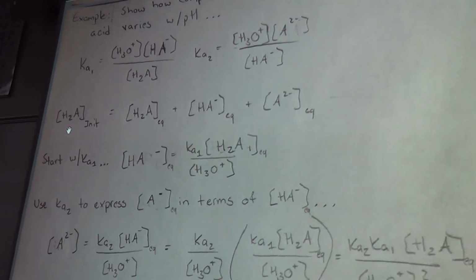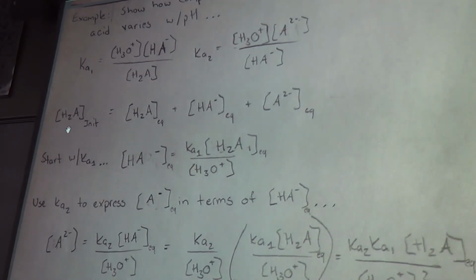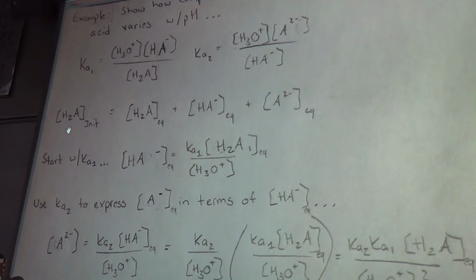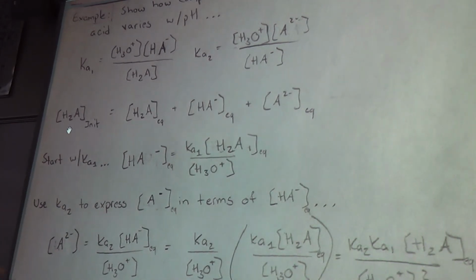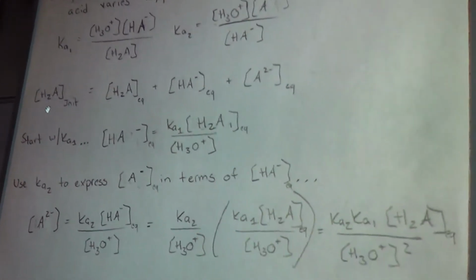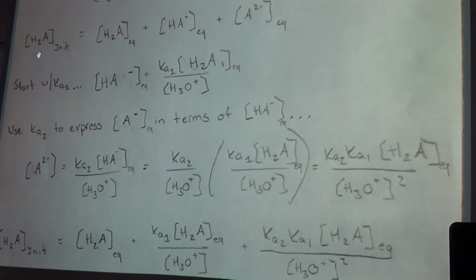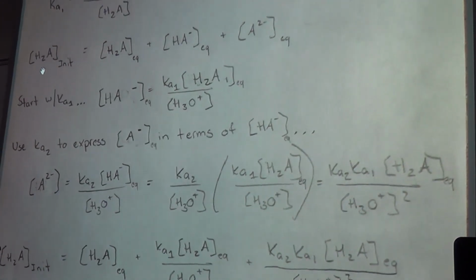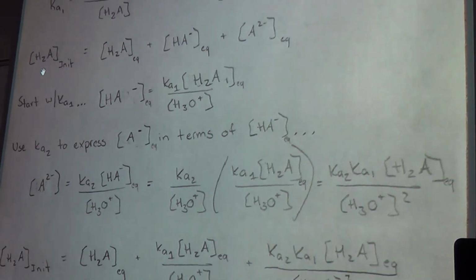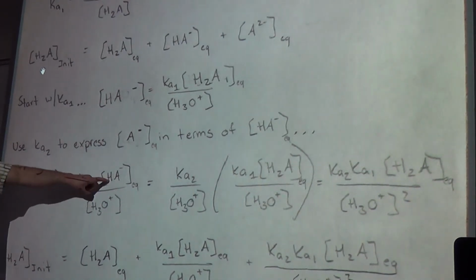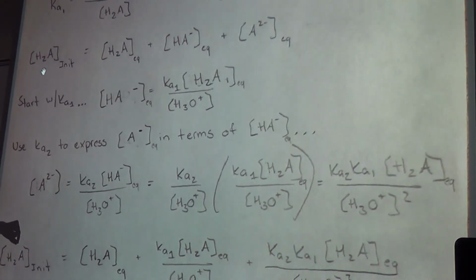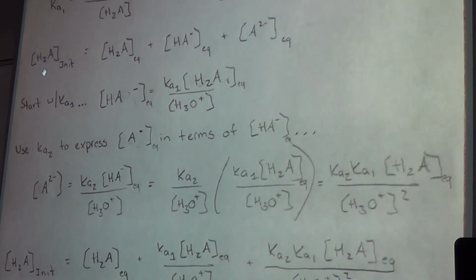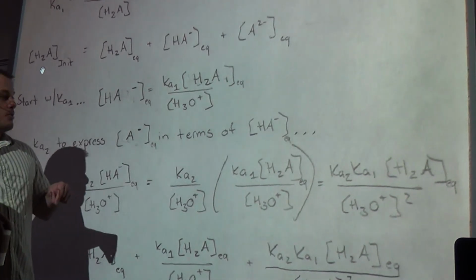Run back to Ka2 to obtain an expression for conc A2- in terms of conc HA-. And you end up with conc A2- equal to Ka2 times conc HA- over conc H3O+. But we already derived an expression for conc HA-, and so we can substitute that expression into the expression for conc A2-, and we get this product.